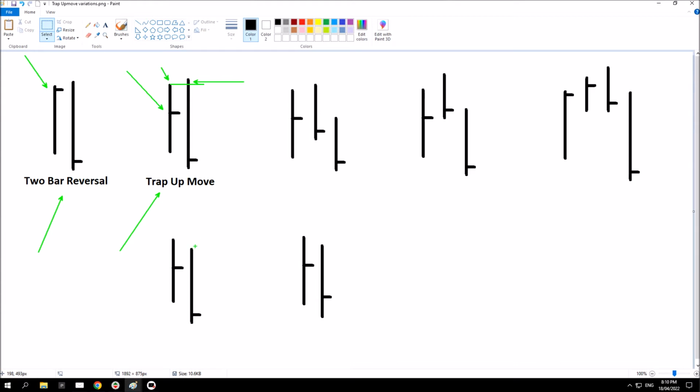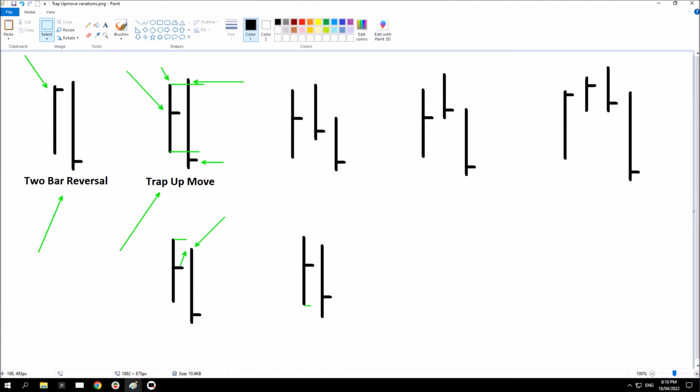You'll get them sometimes like this, where price has moved higher, but it hasn't challenged the previous highs at all. The second bar, however, will always eventually close poorly down near the lows of the bar. And in textbook style, it would close below the low of the initial up bar. It doesn't have to, though.